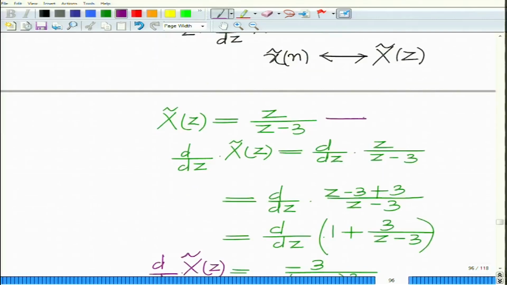Remember, this corresponds to x tilde n corresponding to z over z minus 3. This is equal to, remember, minus 3 raised to n u of minus n minus 1.